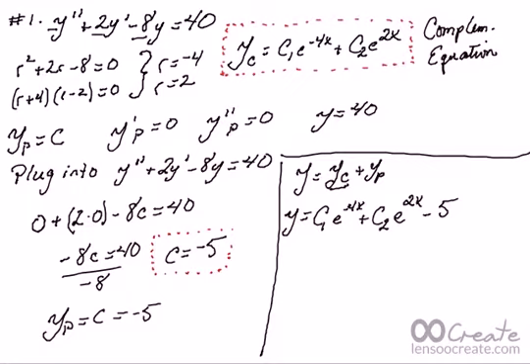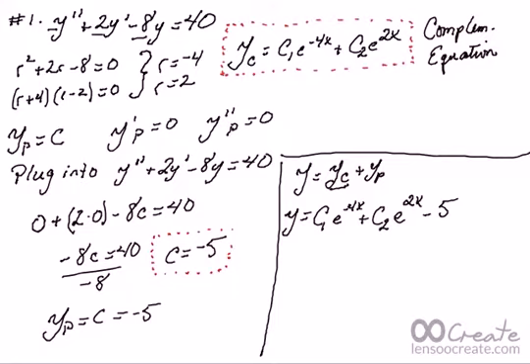What we need to do next is plug that back into the first part of our equation here, the y double prime plus 2y prime minus 8y. So I plug in y double prime equals 0, plus 2 times y prime, which is 0, minus 8 times c equals 40. Now all I have to do is solve for c.